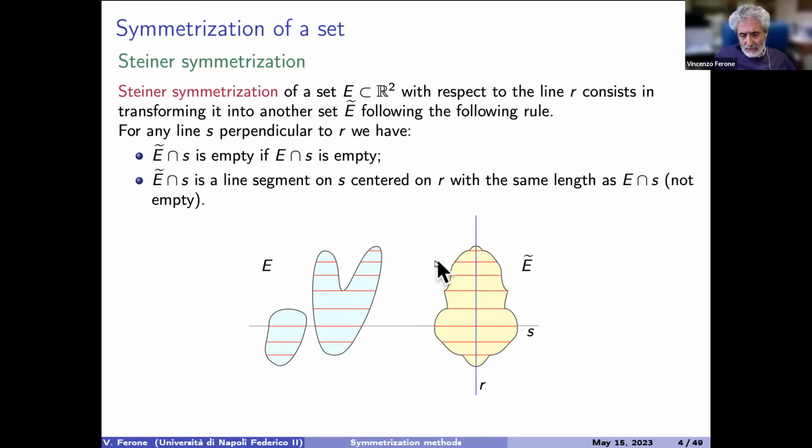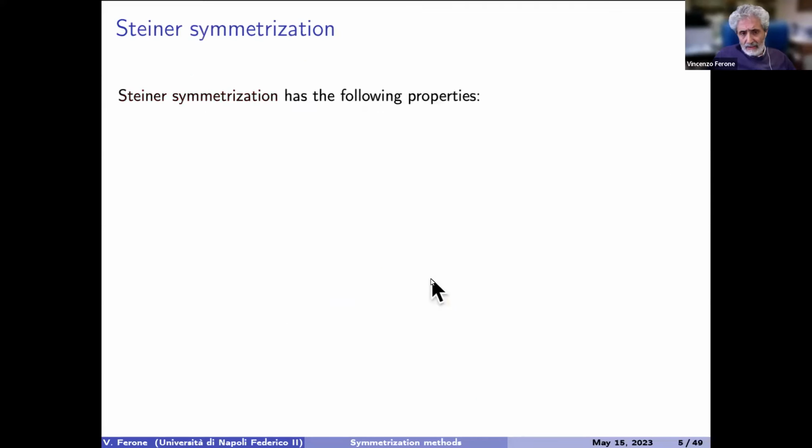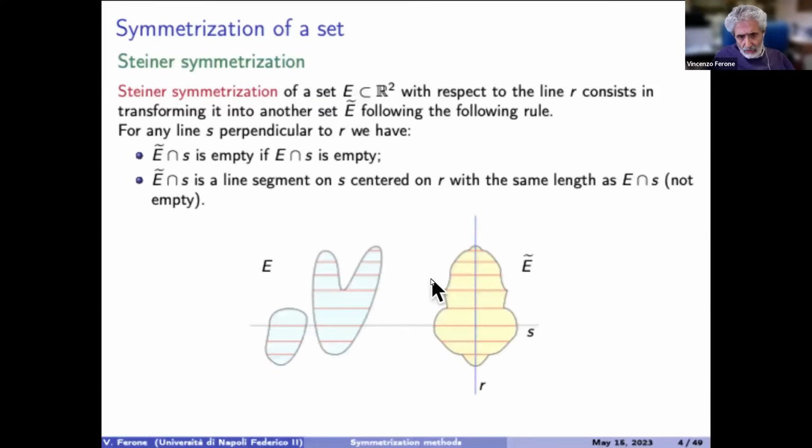Obviously, this kind of partial symmetrization can be applied also in the case where instead of R2 we are in Rn, and instead of a line we have a hyperplane.